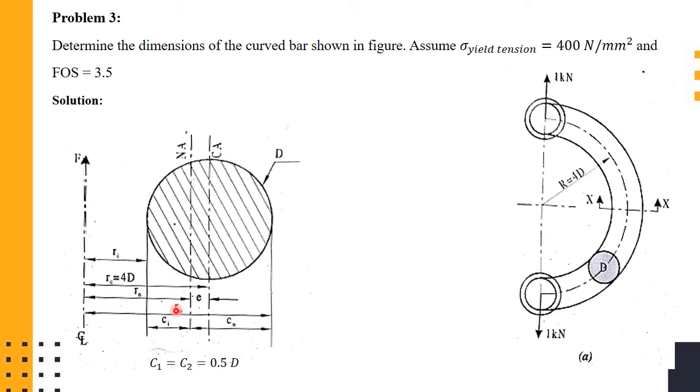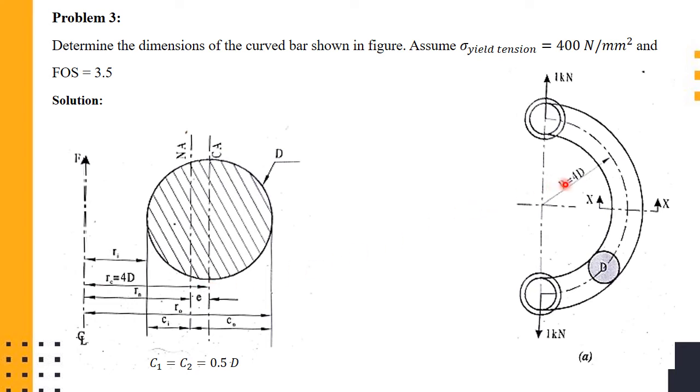Now these dimensions are not known, we have to calculate. These exact dimensions are not known, we need to calculate. So Ri is from the center of curvature to the inner surface, Ro from the center of curvature to the outer surface. Rc is the radius from the center of curvature to the centroidal axis.